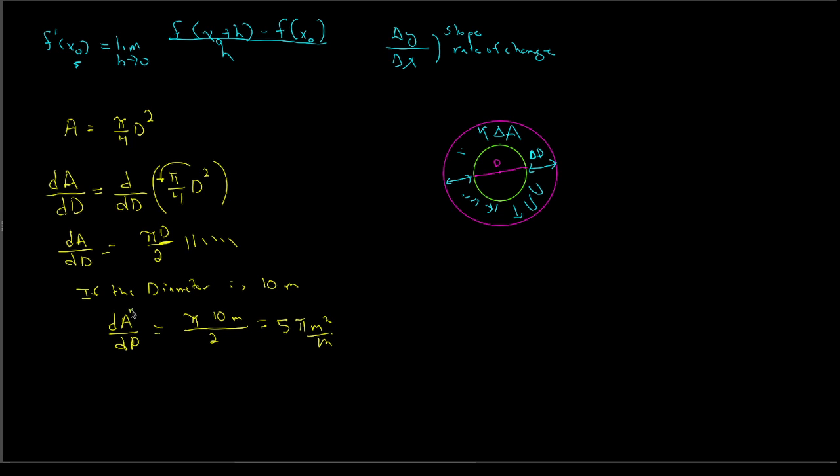Because this is a change in meters squared, this is a change in meters. And so for every meter change in diameter, we're going to get a 5 pi change in the area.